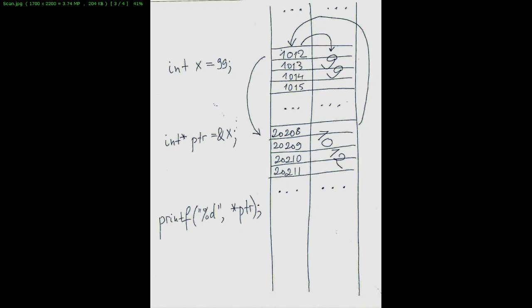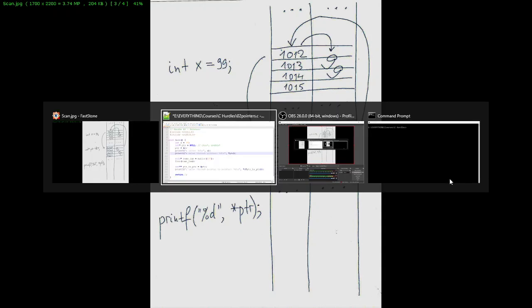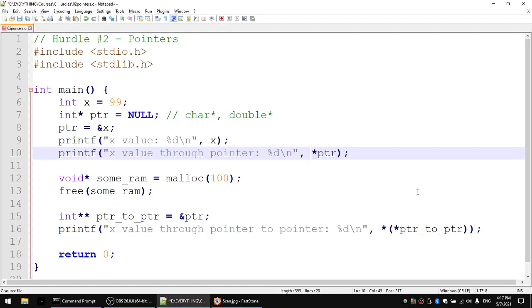So basically, by dereferencing the pointer, you accessing the value of the variable your pointer is pointing to. So let's take a look. I'm gonna print both.